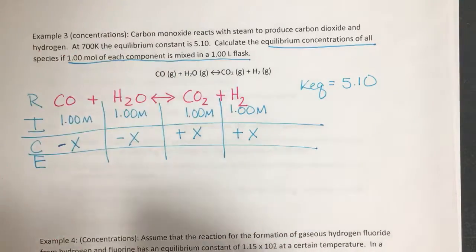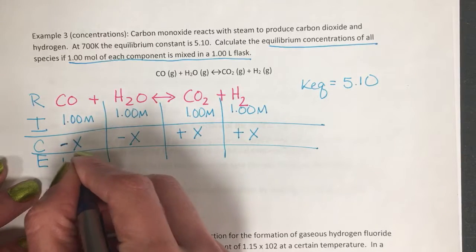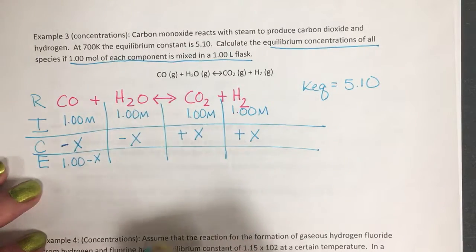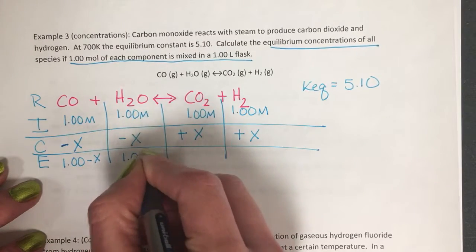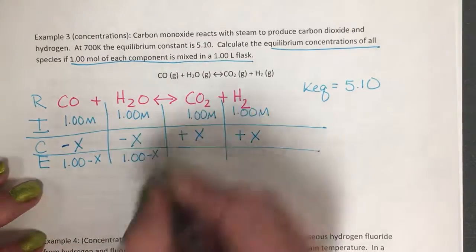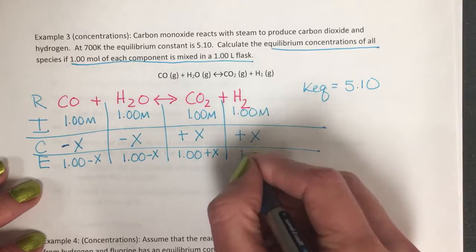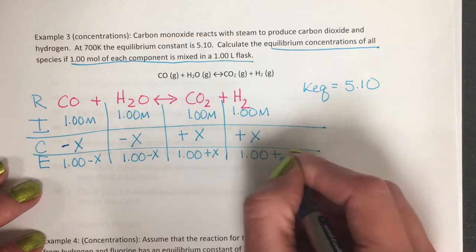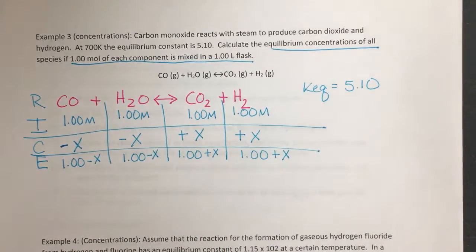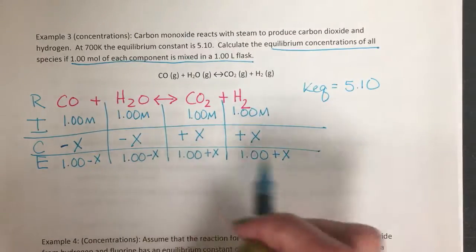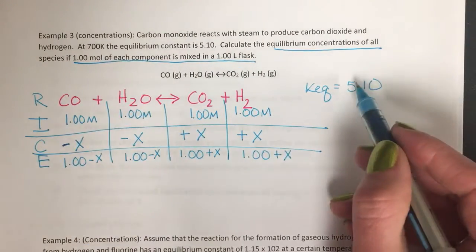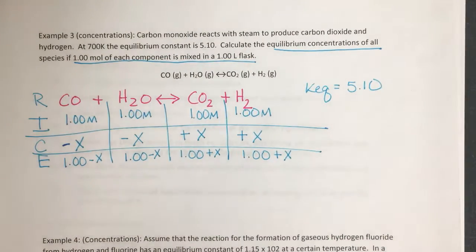So I've got 1.00 minus x, 1.00 minus x, 1.00 plus x, 1.00 plus x. At equilibrium, I still don't know how much I have, but I know the KEQ is 510.